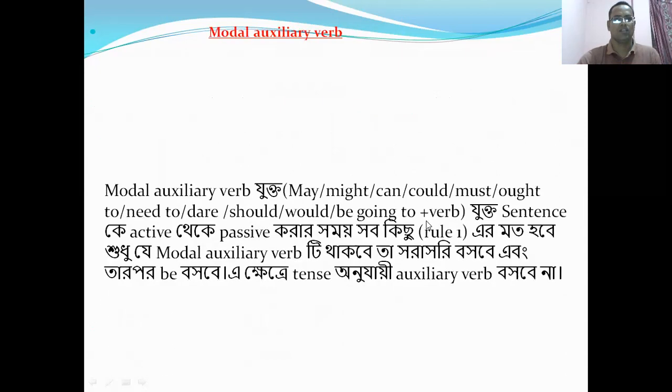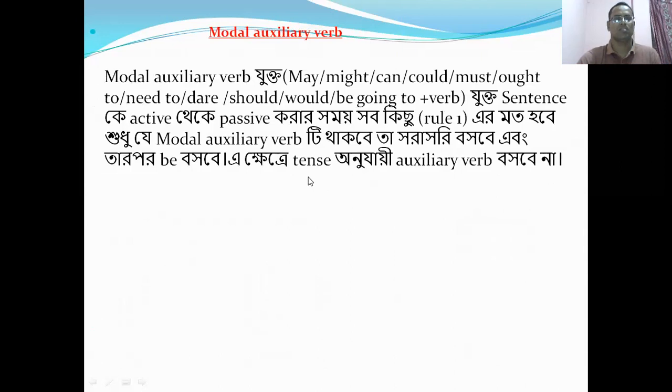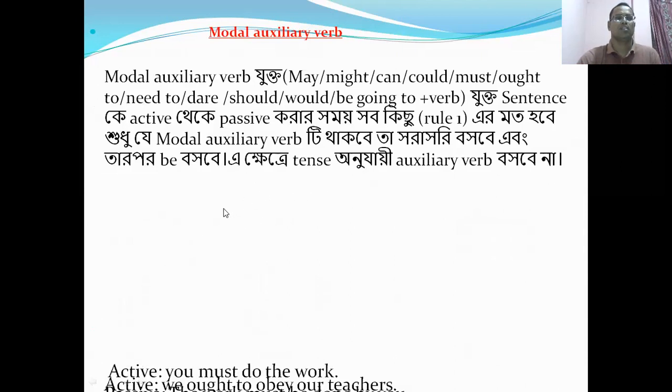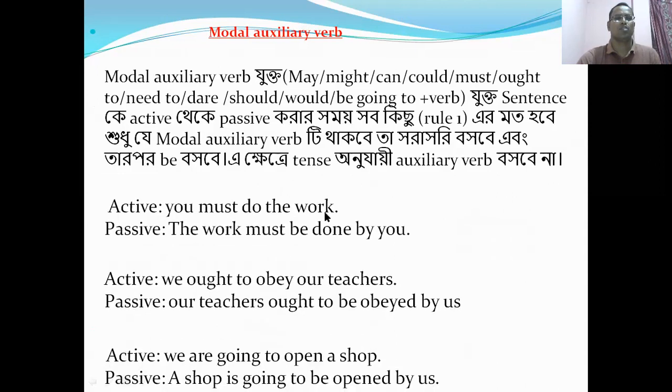Let's see if we get a modal auxiliary verb in active voice, then passive will be in this way. You must do the work. The work must be done by you. Here, must will be must. Just we will use be. Be verb here. All the rules are the same.